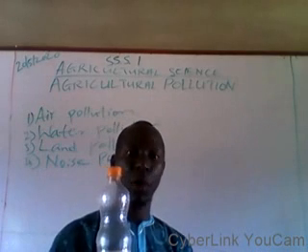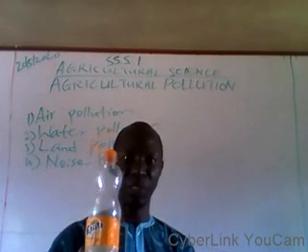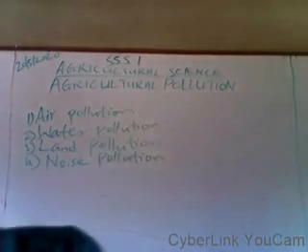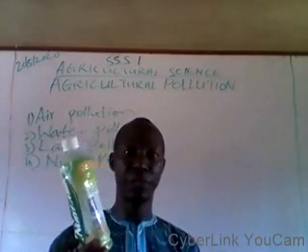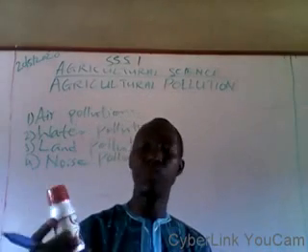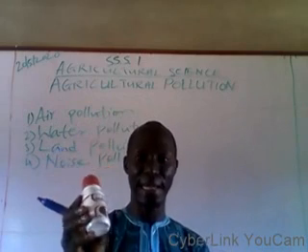Another example is empty PET or plastic bottle of beverages. After making use of it, you don't just have to throw it away anyhow. Another example of pollutants is empty bottle of pesticide.